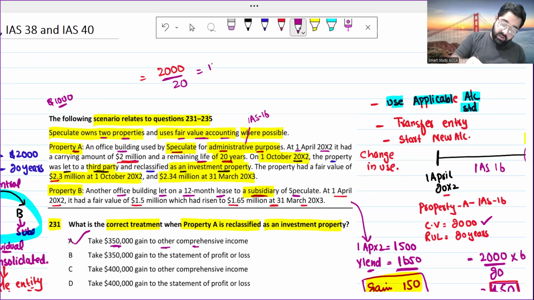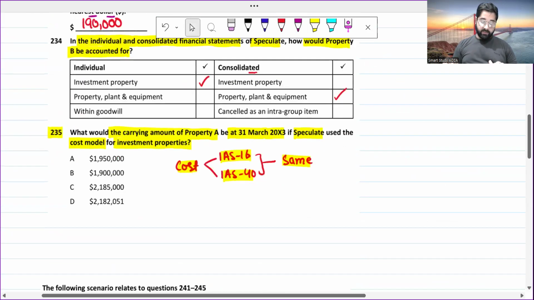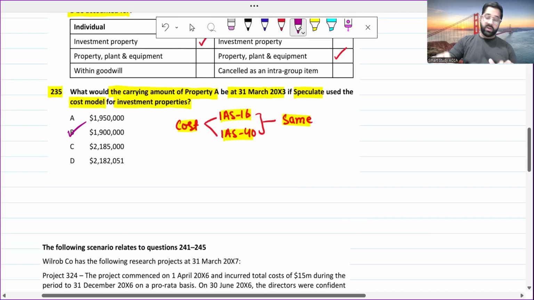It will be 100. And the carrying amount will be cost minus accumulated depreciation, so the carrying amount will be 1900. So it will be the value if the cost model is used by the speculate company. So the answer is 1,900,000, option B.